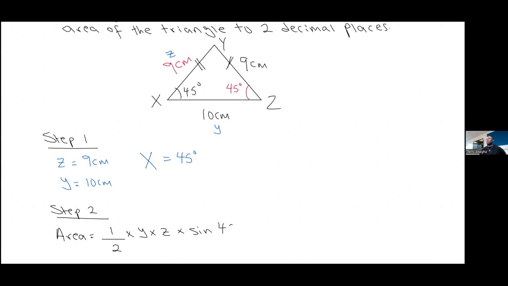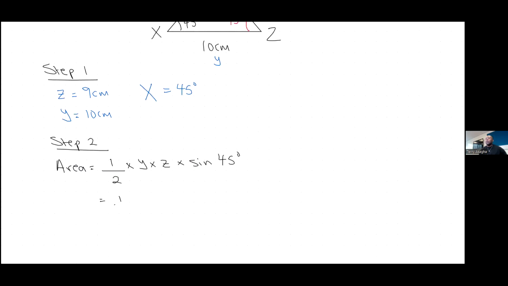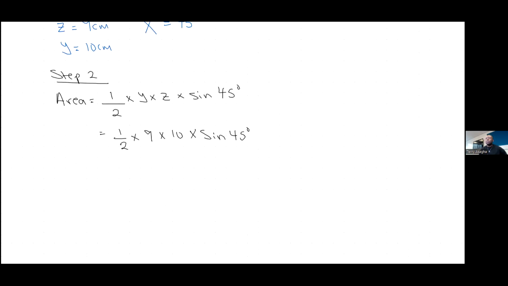45 what? Degrees. Now we can go further. That will give us the area equal to 1/2 times 9 times 10 times sine 45 what? Degrees. The next thing you have to do is go to your calculator and punch this in.